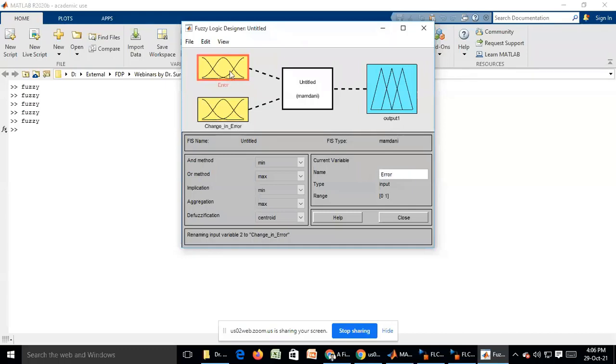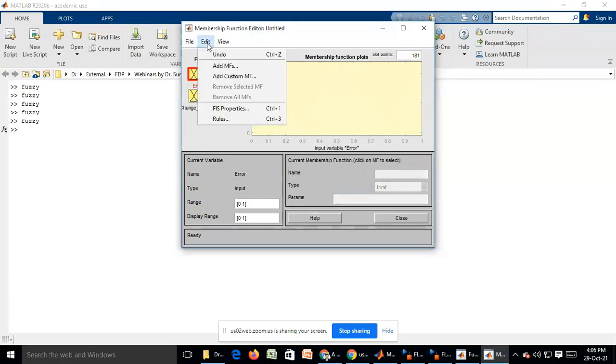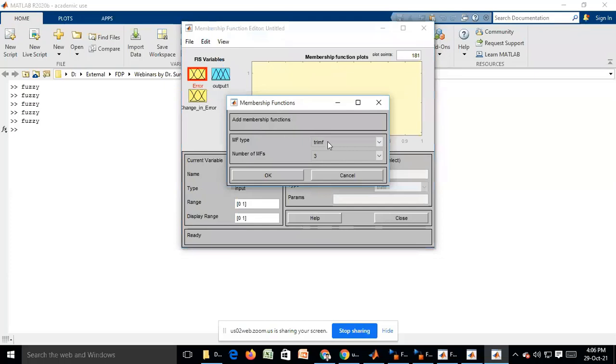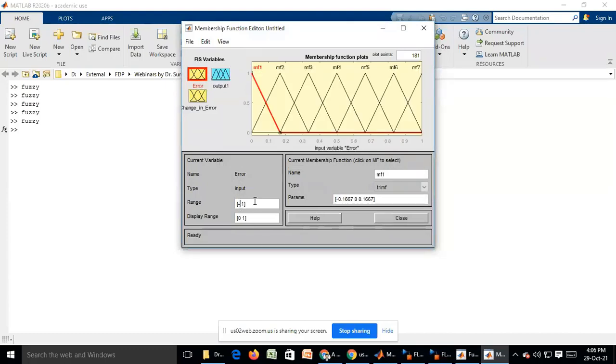In this error, suppose I remove all membership functions, edit, add membership functions, triangular, 7 membership functions. I will change this value from -1 to 1, maybe -10 to +10. The middle one is treated as 0.